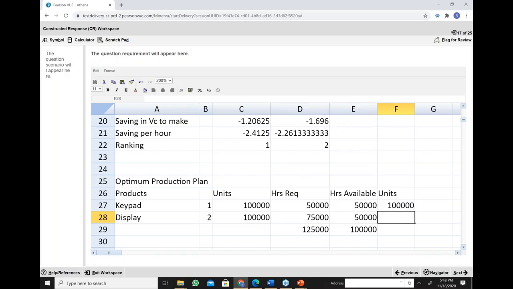So 50,000 divided by each display screen requires 0.75 hours, which means we'll produce 66,667. Okay, clear? So 66,667 is what we'll produce.